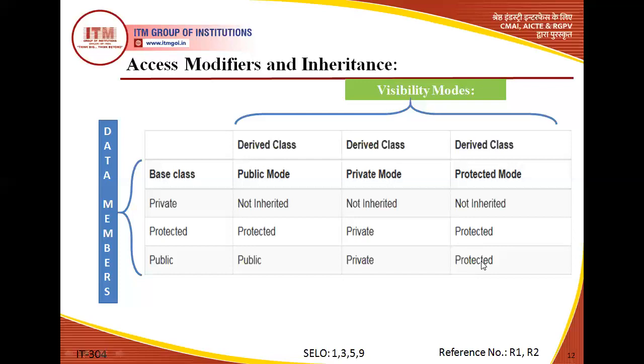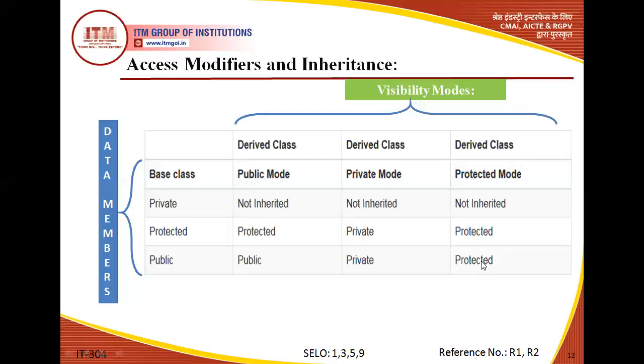So why is this type of access modifier used? Because sometimes it is needed that this variable may be needed in the very next derived class, or very next descendant, but not for other subclasses.